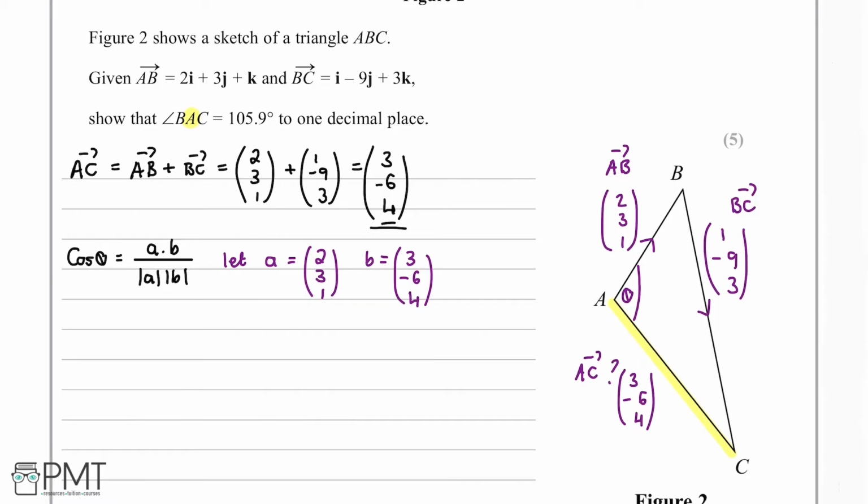We do note that we need both vectors to be pointing away from the angle. So we have this here. AB is going in the direction away from where the angle is, and AC is also going in the direction away from where the angle is.